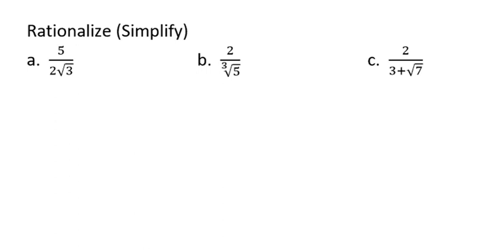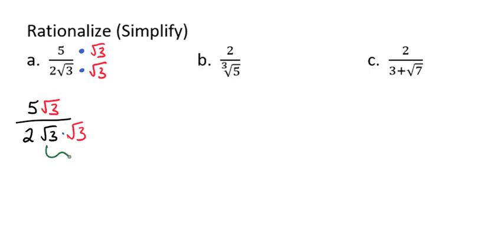So what we want to do is multiply both the denominator and the numerator by the square root of 3. On the top, that's going to give us 5 times the square root of 3. And in the denominator, that's going to give us 2 times the square root of 3 times the square root of 3.